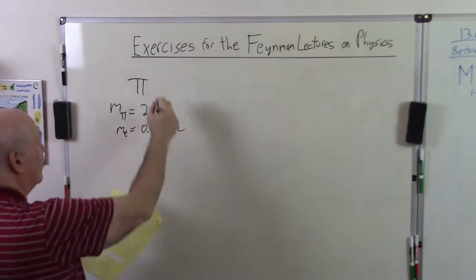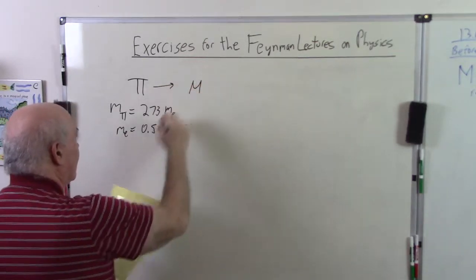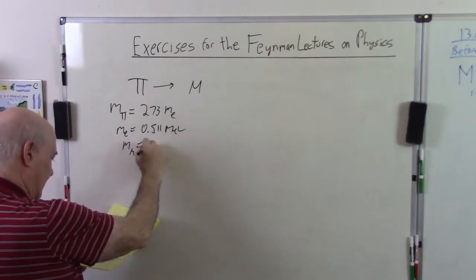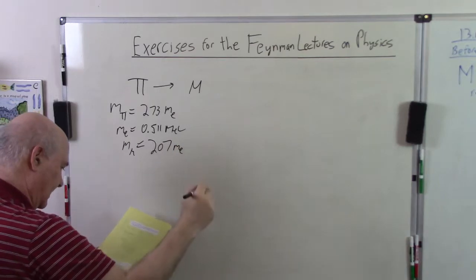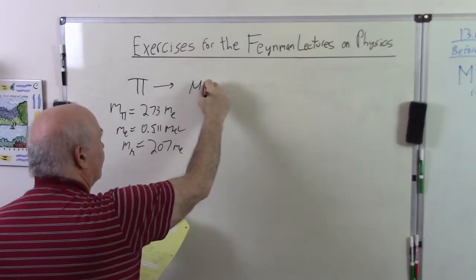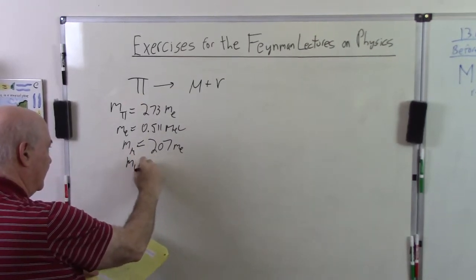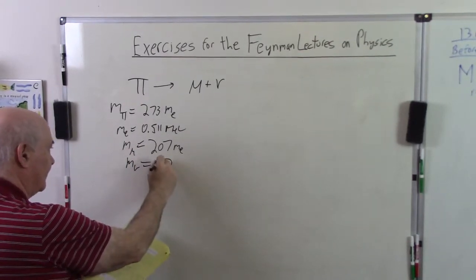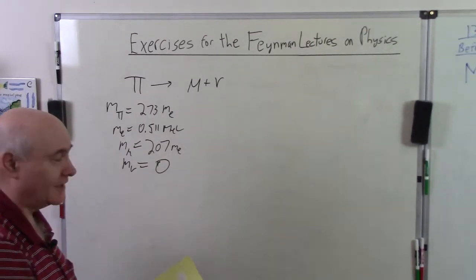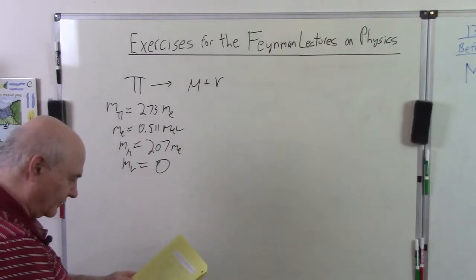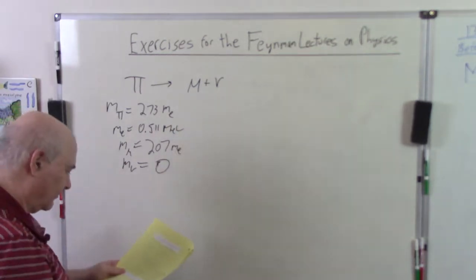The pion decays into a muon, and the mass of a muon is 207 Me, and a neutrino, muon plus a neutrino. You should know the mass of the neutrino is 0, at least back then it was. Nowadays we actually believe that neutrinos have some finite rest mass, but they're really small, so we can ignore them. And we want the kinetic energy and momentum of the muon and the neutrino.